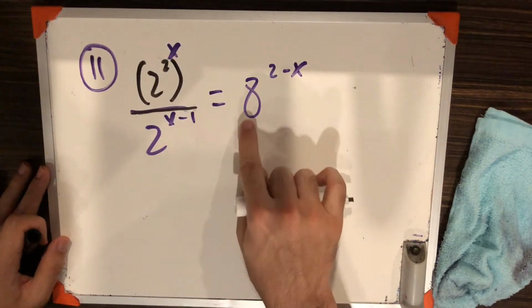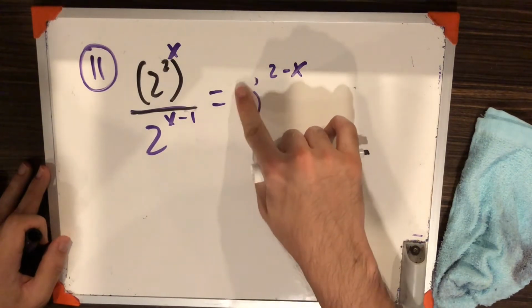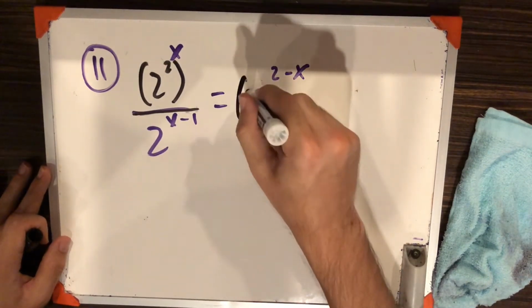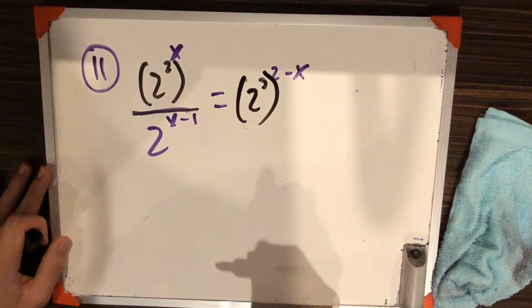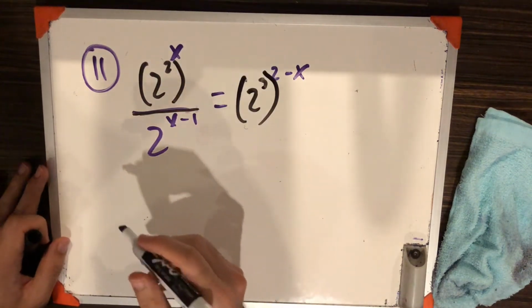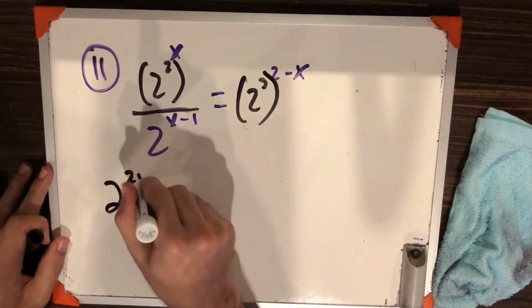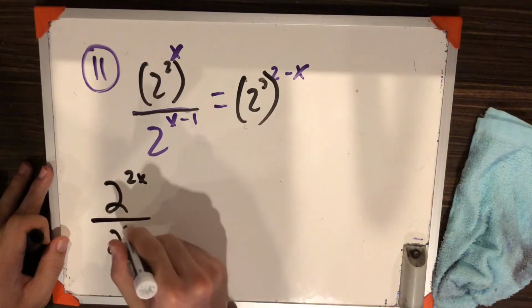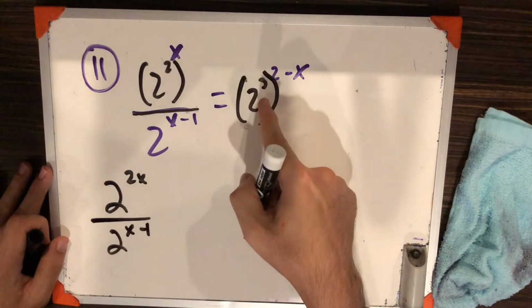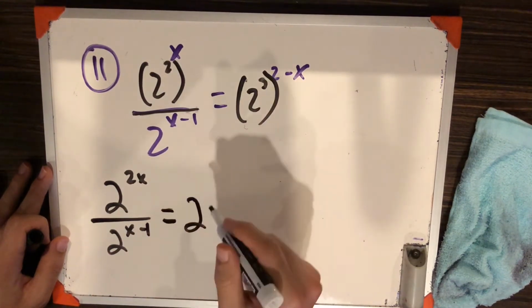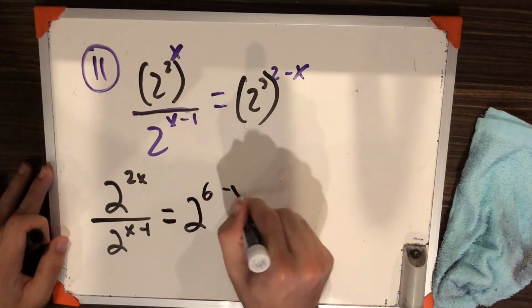Let's change 8 into 2 to the third power. And then let's clean this up a little bit. So 2 to the 2x power over 2 to the x minus 1. Let's do power to a power here. So 2 to the 6 minus x power.